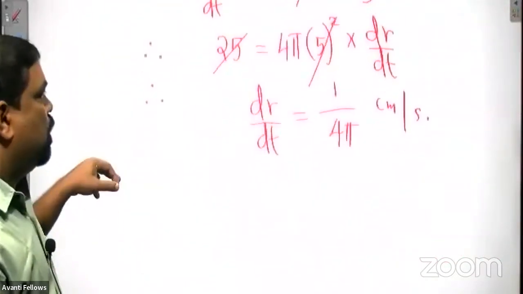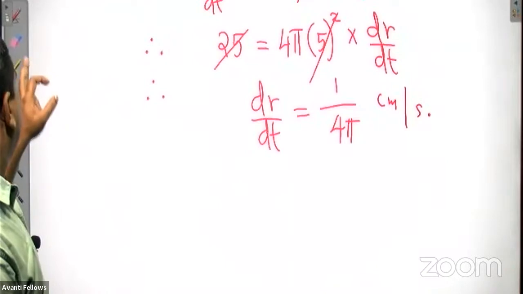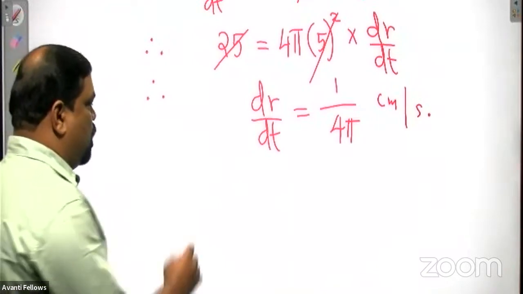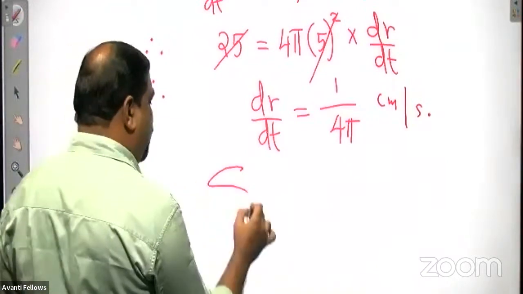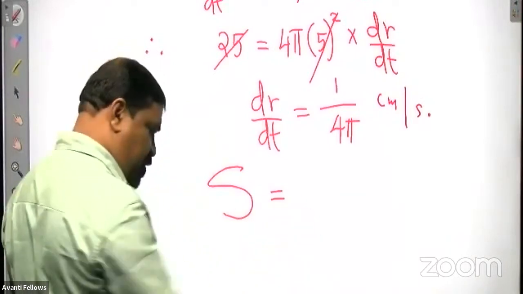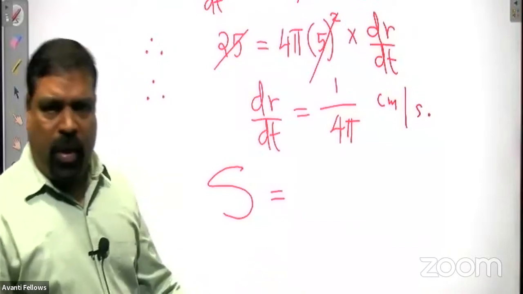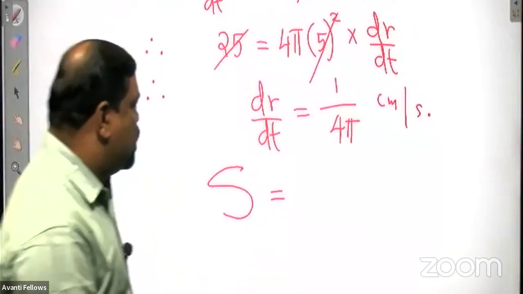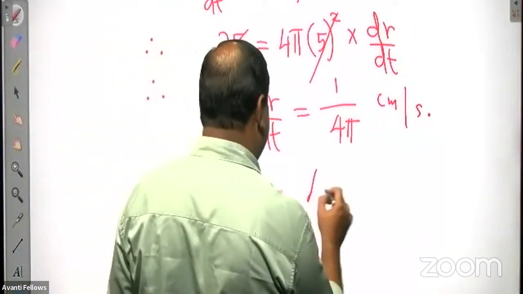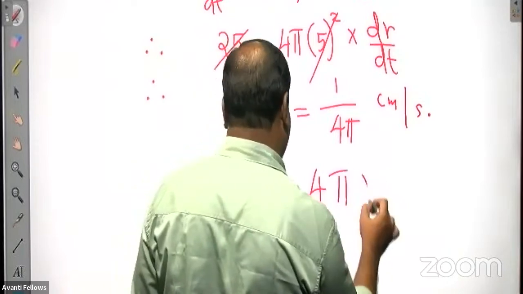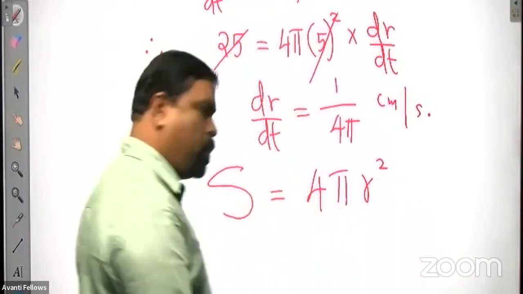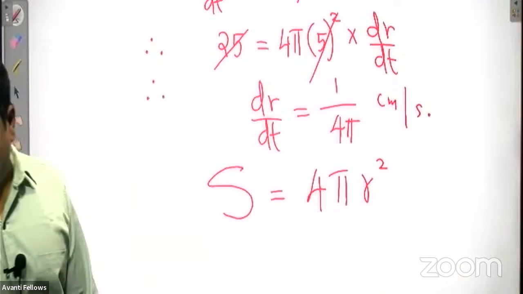For that, we should know the surface area formula. Everybody will be knowing this fundamental formula. The surface area of the sphere is equal to 4 pi r square. Is it correct or not?